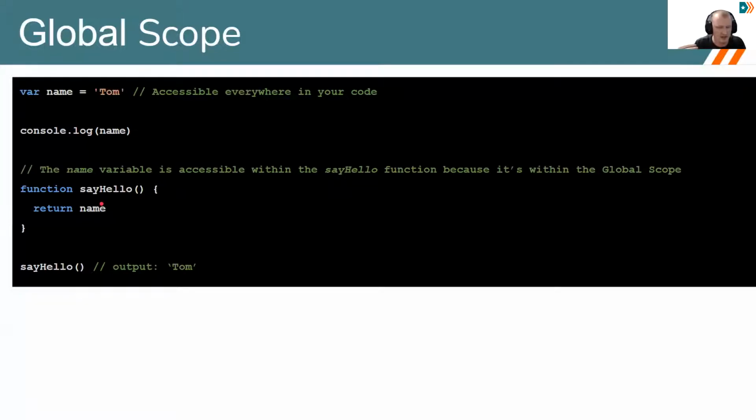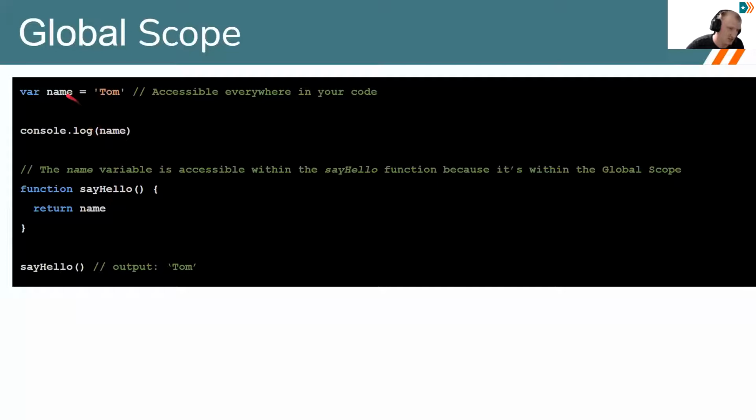So it says, I don't have name inside my local scope. I'm going to go ahead and take the initiative to look in my outer scope to see if maybe there's one defined above me somewhere, because you can access the global scope still. So this name here is able to look outside the local scope of the function out to the global scope.